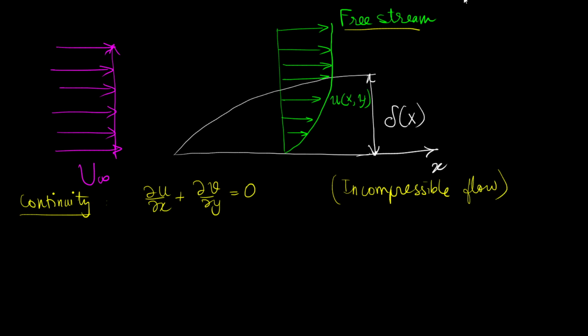Mach number is the ratio of the characteristic velocity, that is u infinity, upon the velocity of sound in that particular medium. Velocity of sound need not be just the velocity of sound in air, it has to be rather decided by that particular medium. We can write down the x momentum equation.